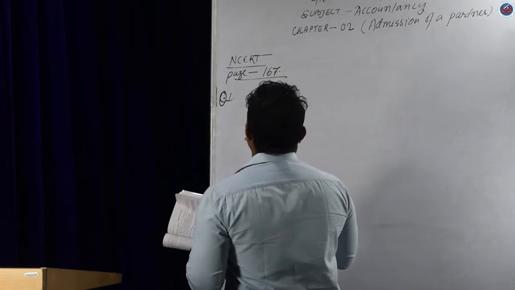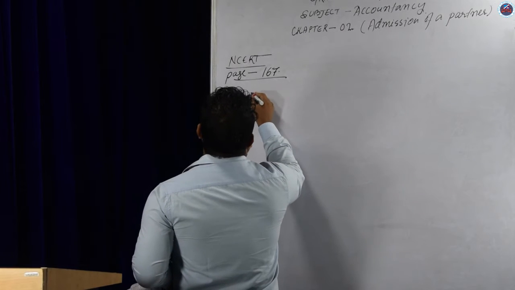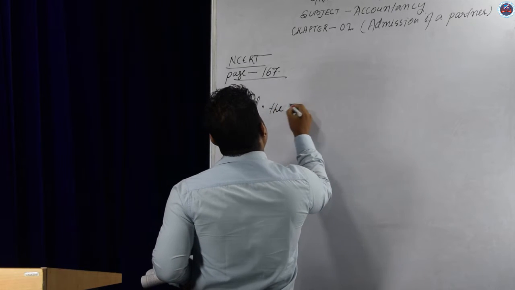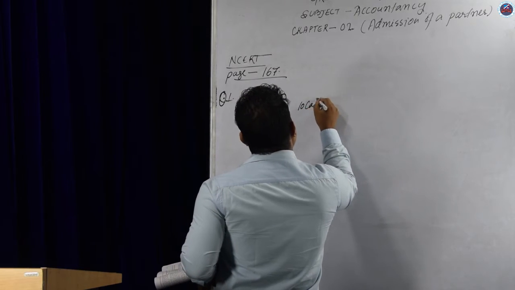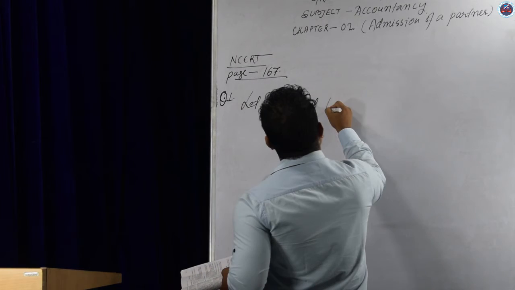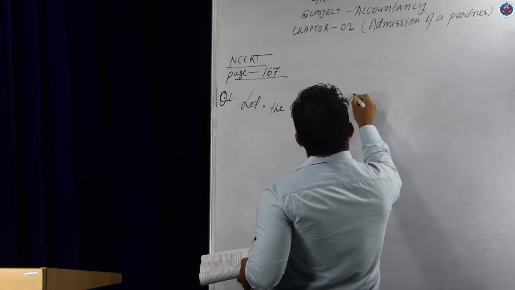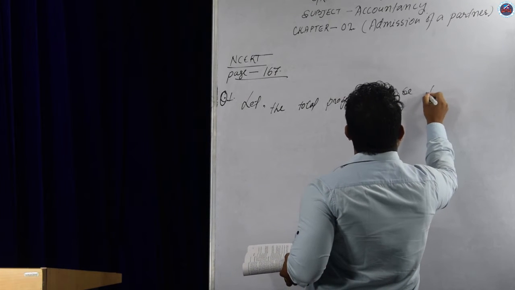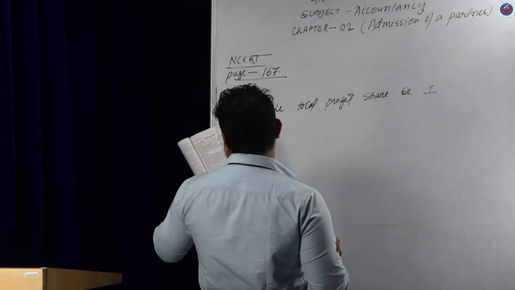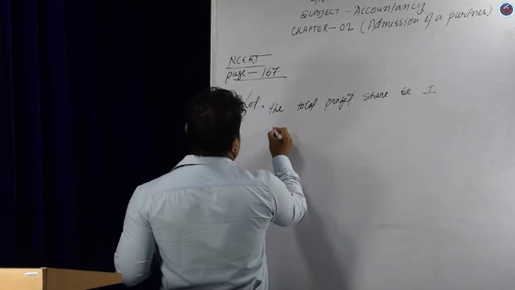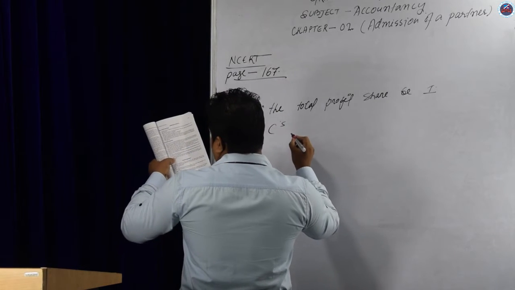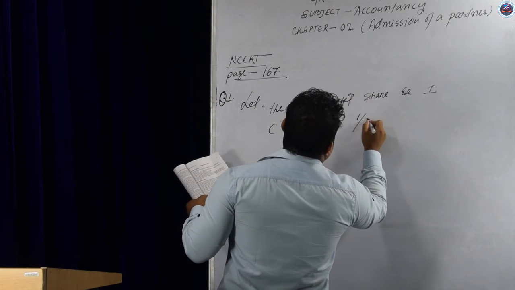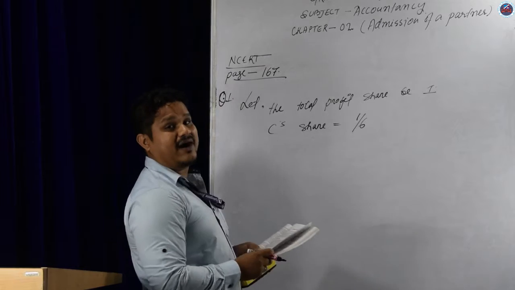Here we will assume that the total profit share is 1. C is the new partner, and C's share is 1/6. Out of 1, she should get 1/6.